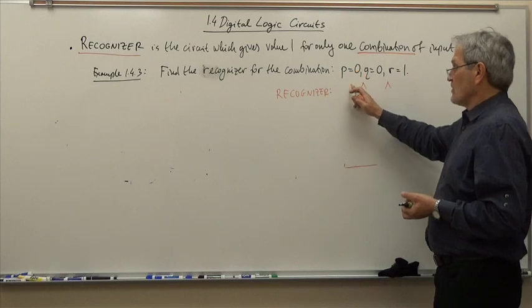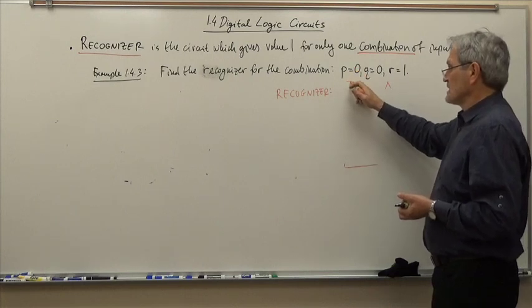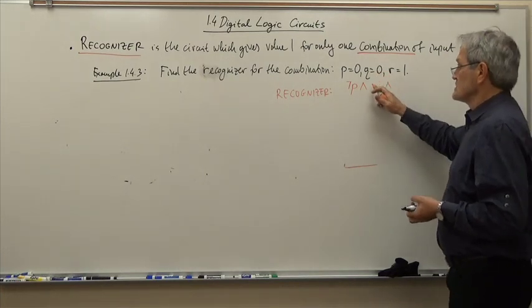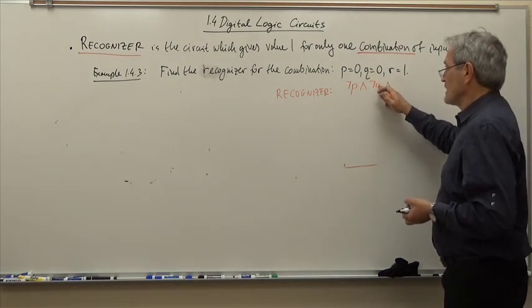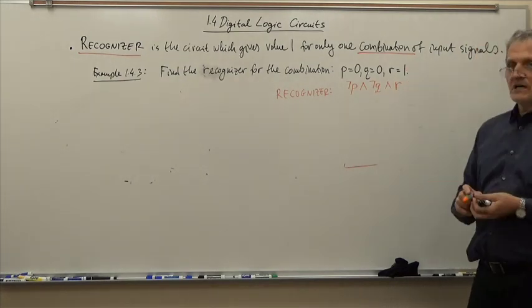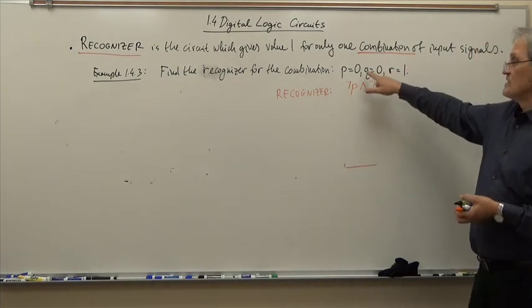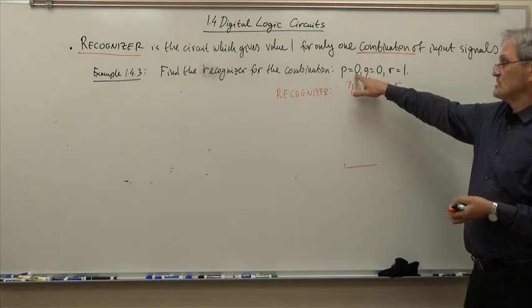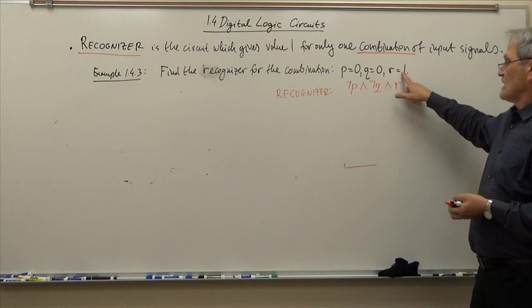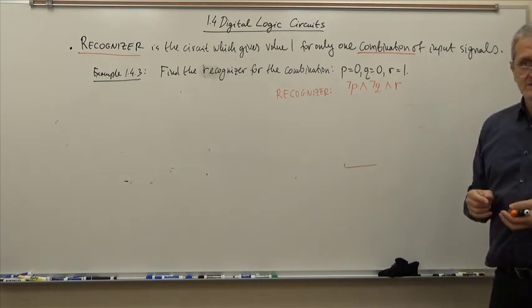Since P is 0, I will not take P, I will take not P. Since Q is 0, I'll take not Q. Since R is 1, I'll just take R. So basically, if the value of the input is 0, I take the negation of that letter. If the value is 1, I take the letter itself.